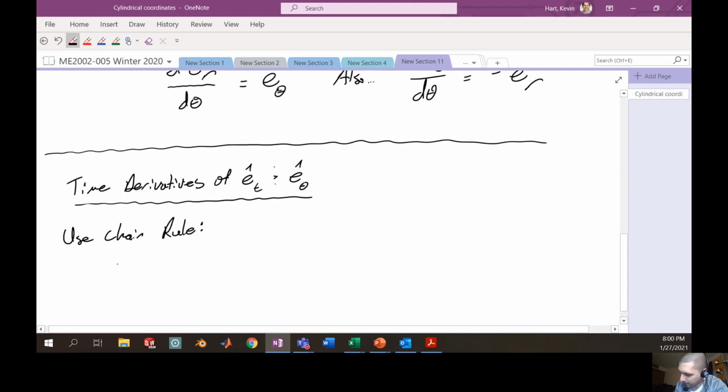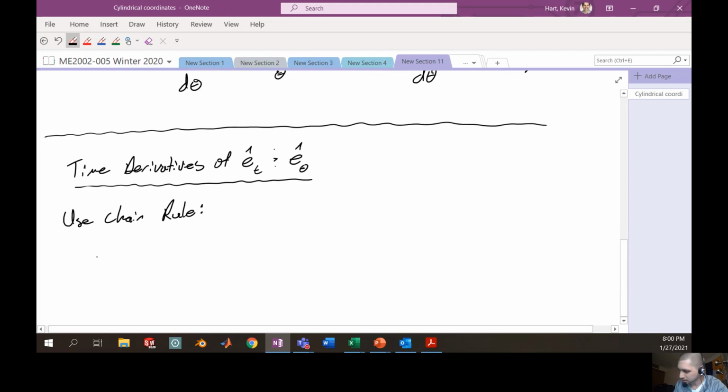With the idea here being that the derivative of our radial unit vector with respect to time is going to be a compound product of two things that we know and that's easy to understand. The first is the derivative of e hat r with respect to theta, which we know is simply e hat theta.